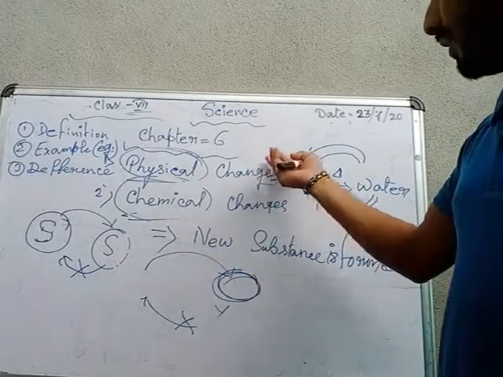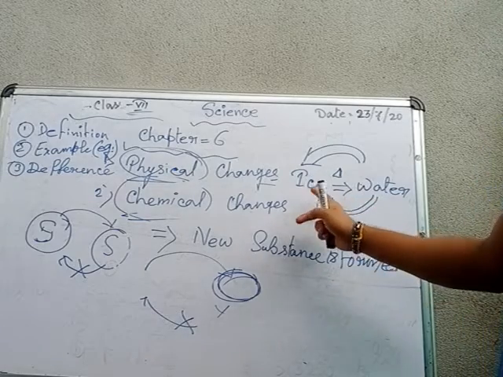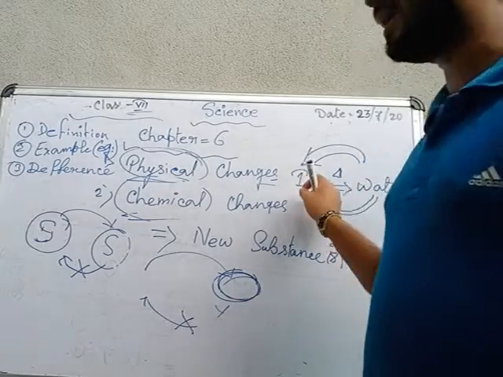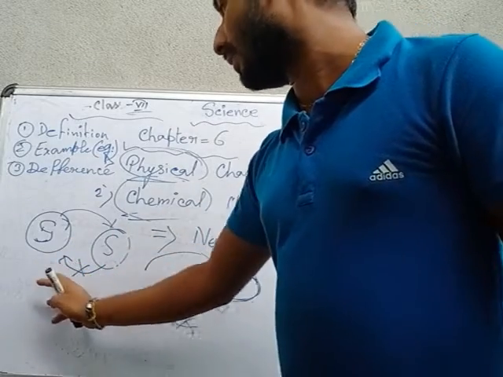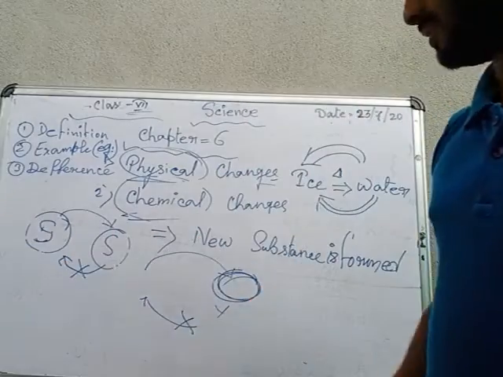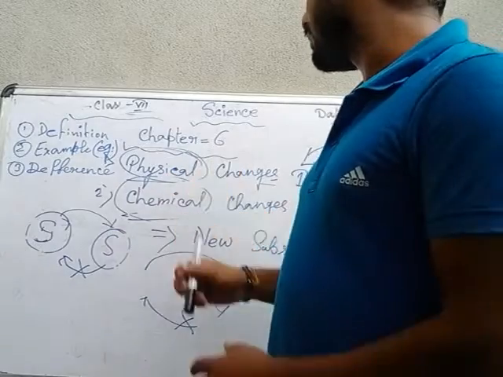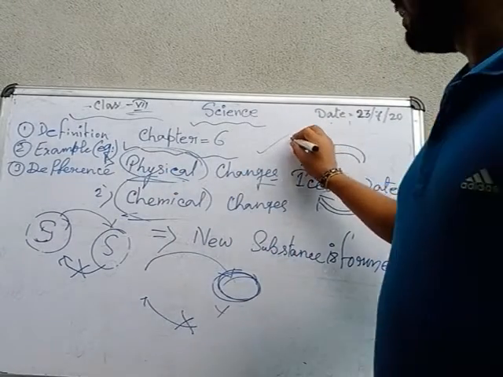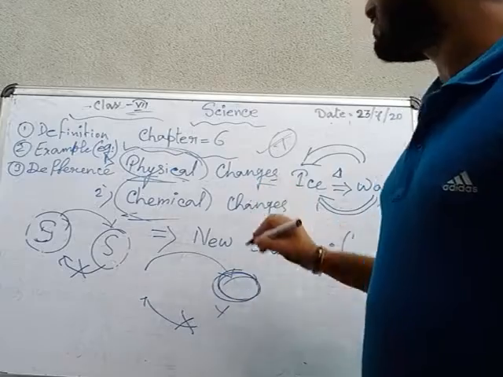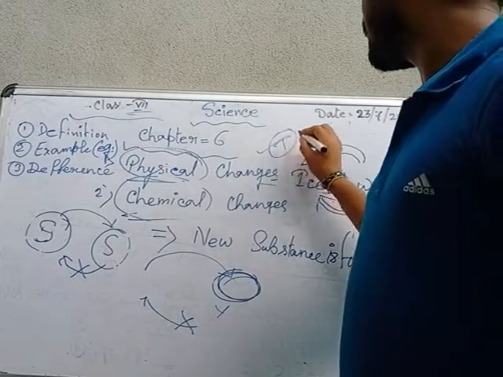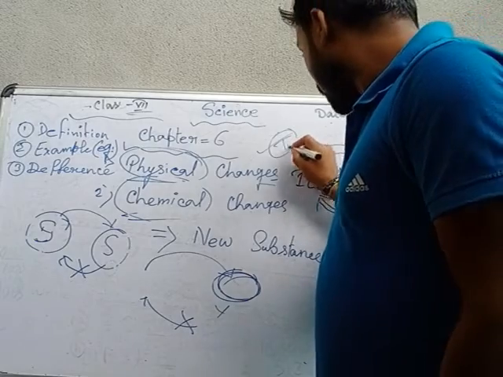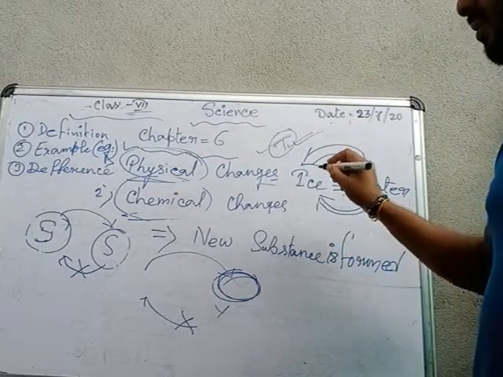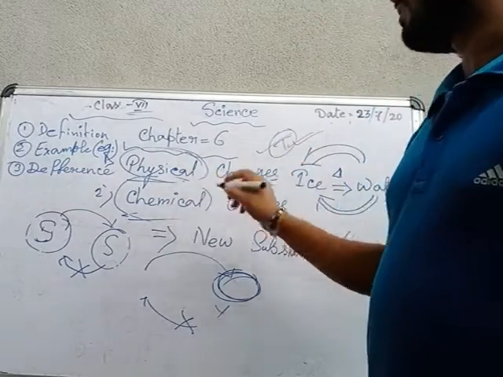That means we can get it back again. But in chemical changes, we cannot get back the previous substance again. It is not a temporary change, it is a permanent change.